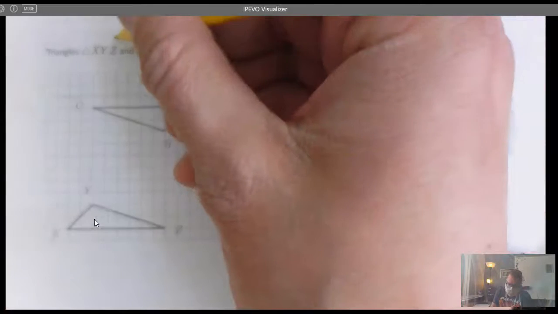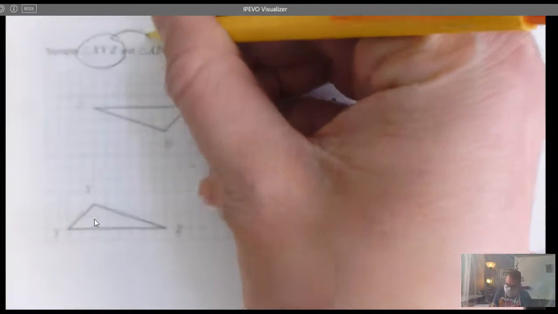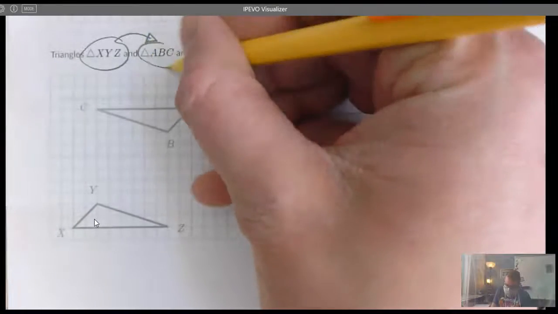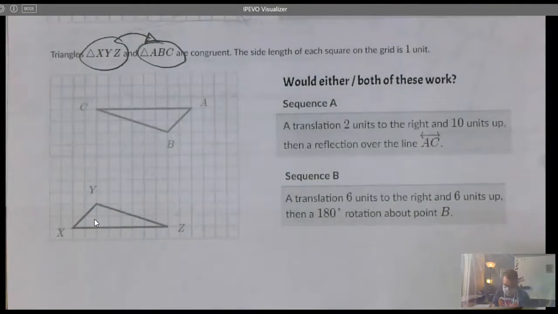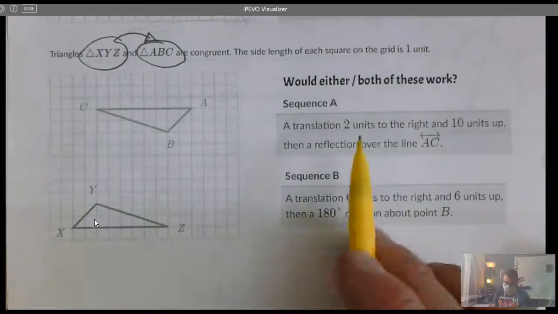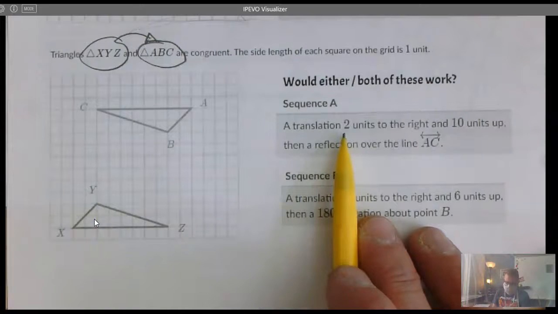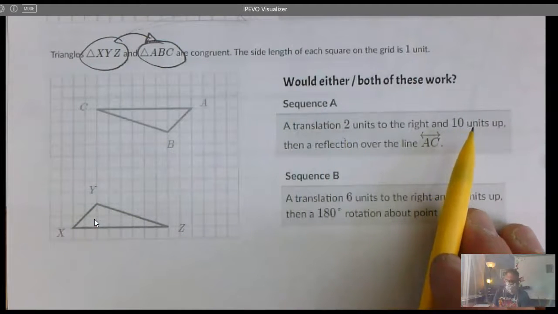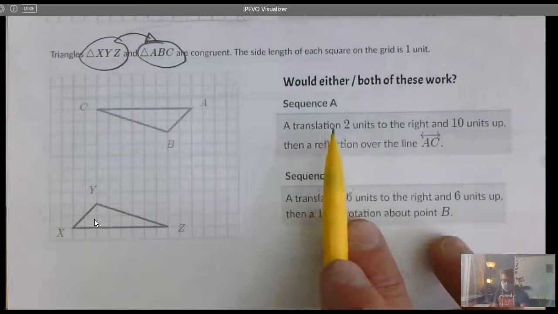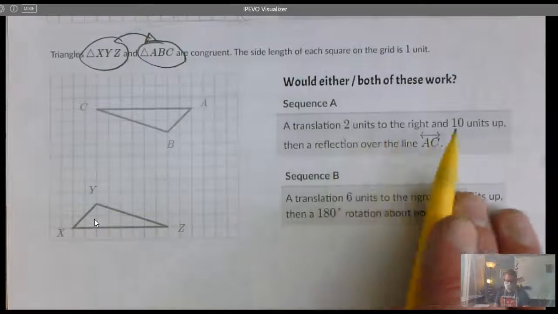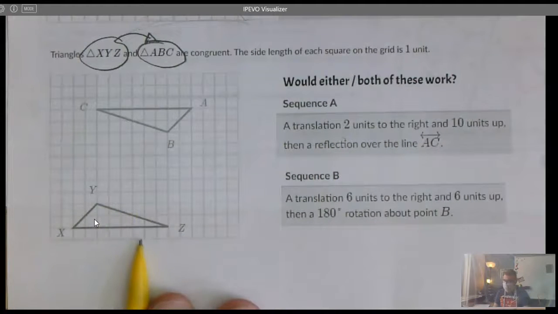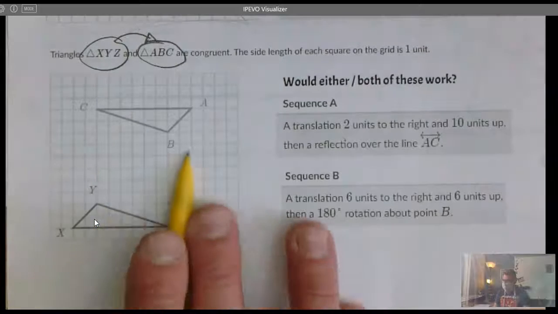So normally they're giving you the pre-image mapping to the image. Normally, like with the order of. And if I take ABC to the right and up, it's obviously not going to work. Like, that's just right out. So the only sensible thing that could be moving right and up is to grab XYZ, move it right up.